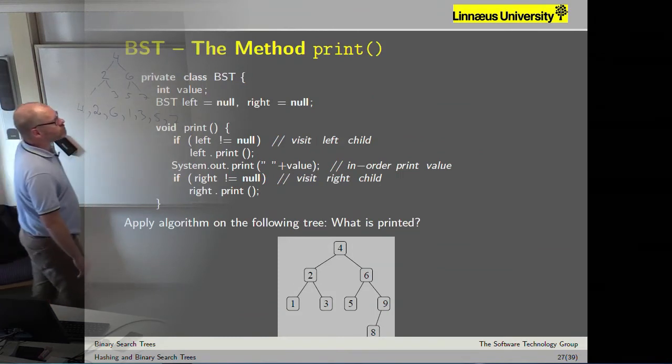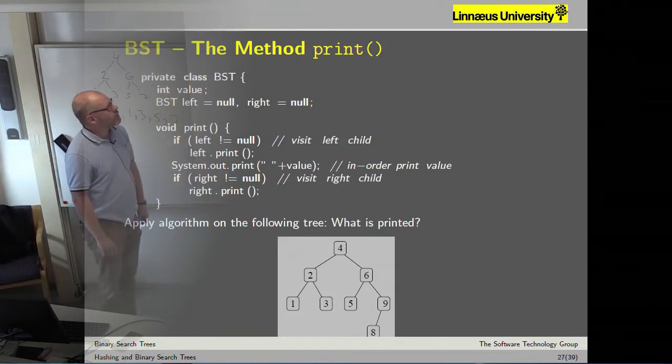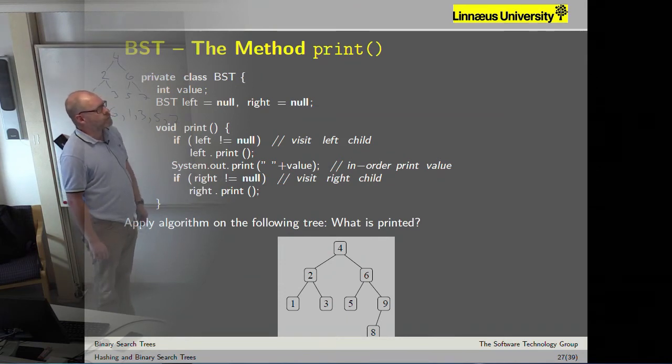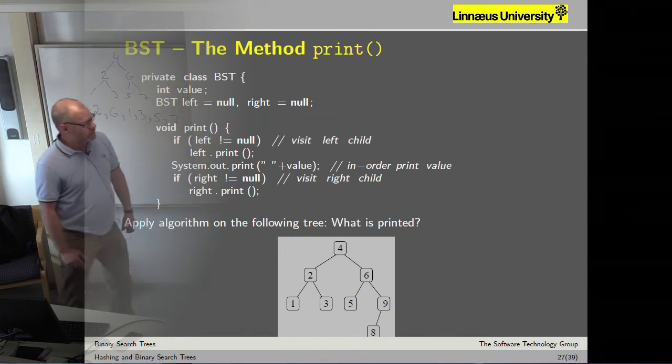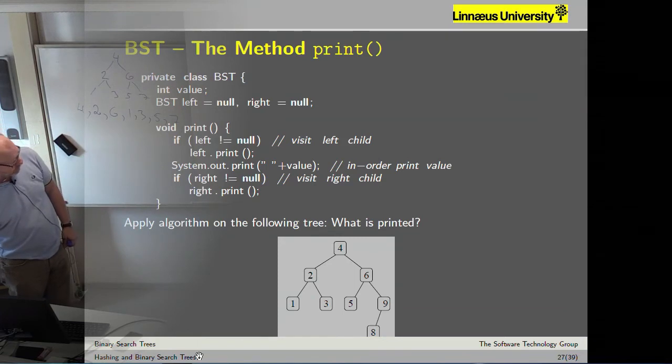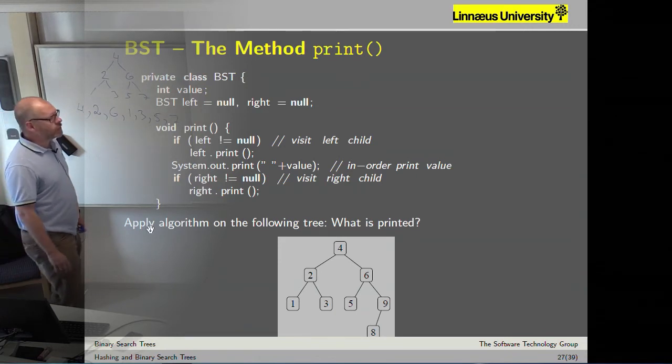Method print. Here I have a recursive method. This is the one that you should apply in each node, starting in the root node. Let's start over here, and you should apply this one. What will be printed?